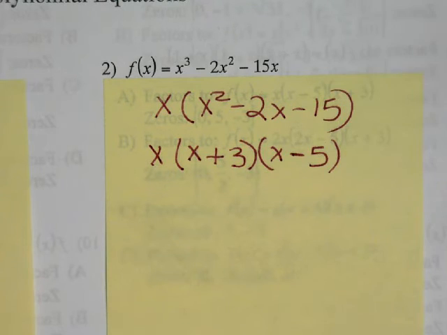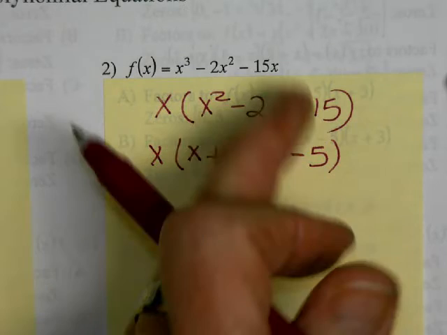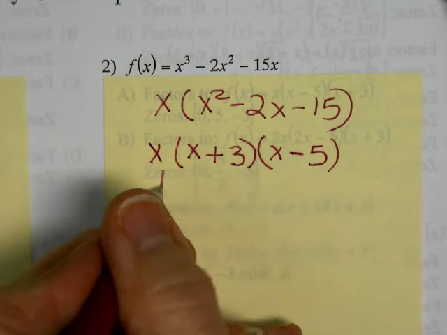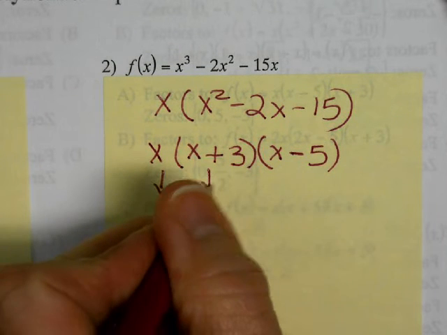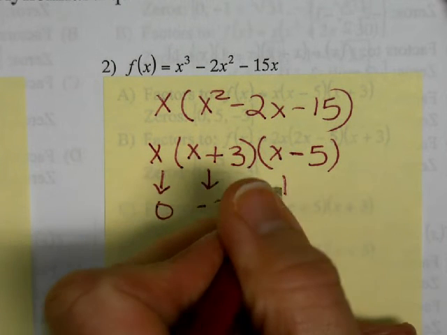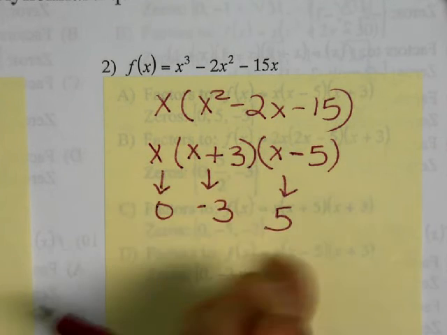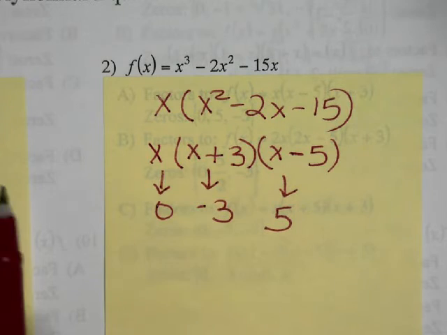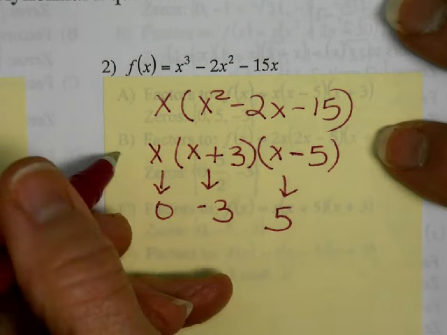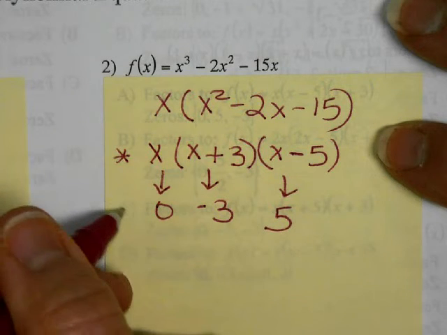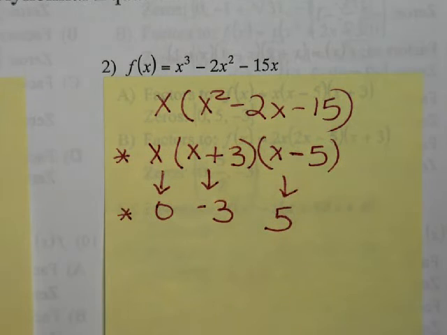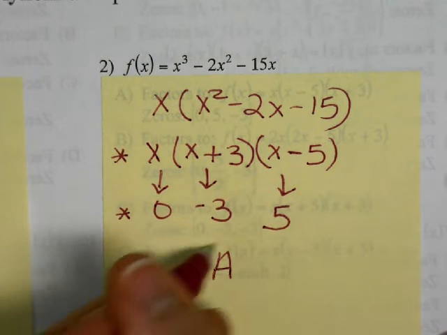Thankfully, these aren't too bad at factoring terms. So the answer is 0, negative 3, and 5. Those are the zeros. So you have to look for one that has this for the factors, and these for the zeros. And that is A.